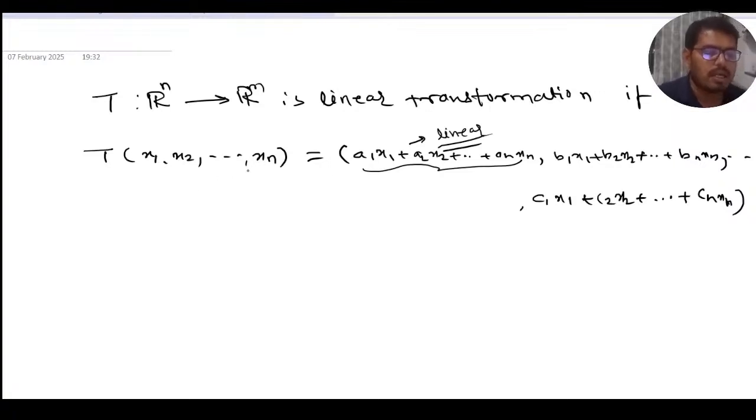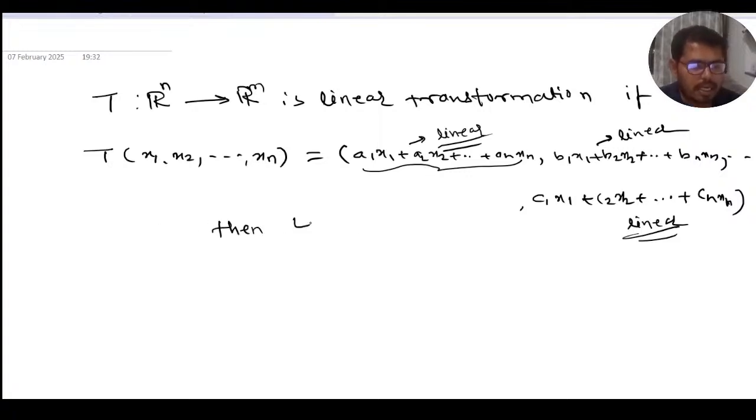The first coordinate should be a linear combination of the n tuples, and the mth coordinate is also linear. If all these are linear combinations of x1, x2, ..., xn, then that transformation is a linear transformation. Otherwise that map is not linear.